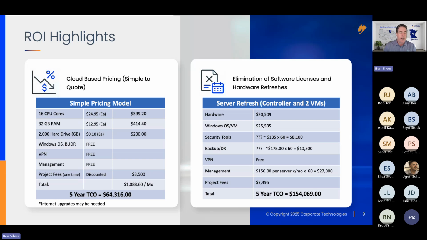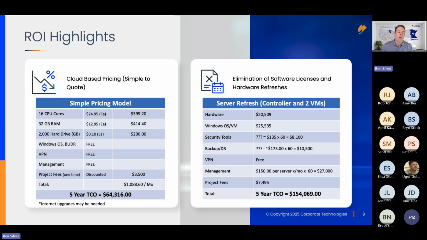So when we look at it this way, and again, it's clear and transparent pricing, those 16 cores are about $400 a month. The RAM is going to cost you about $415 a month, and that hard drive space is about $200 a month. All in, including that one-time project fee to move you from your on-prem server into our cloud environment, you're looking at a total cost of ownership of $64,316 over 5 years.